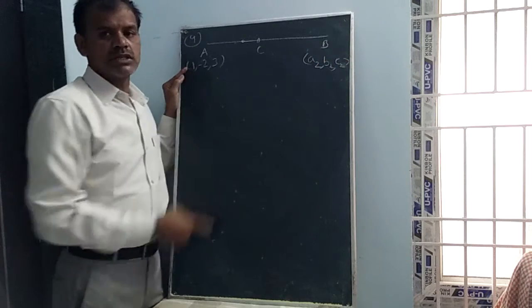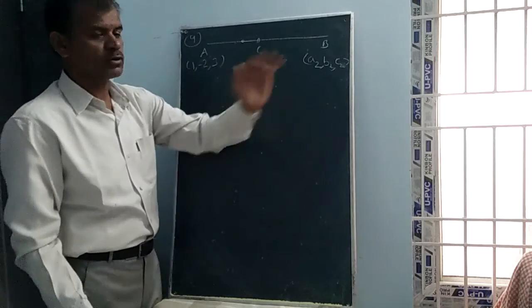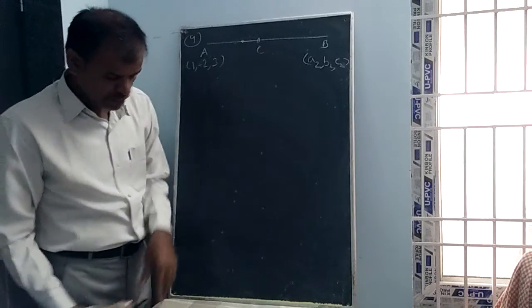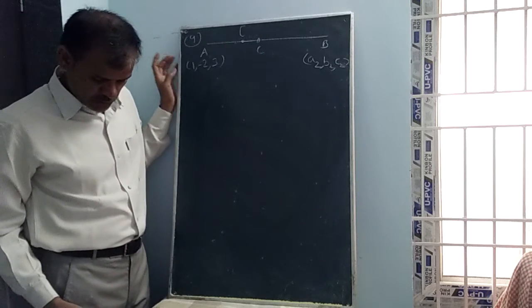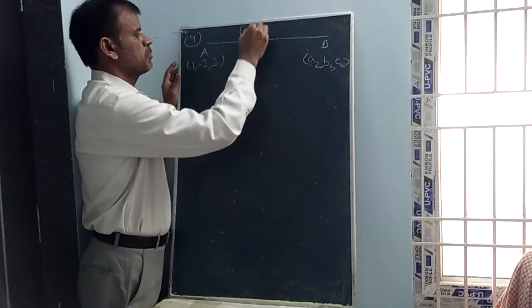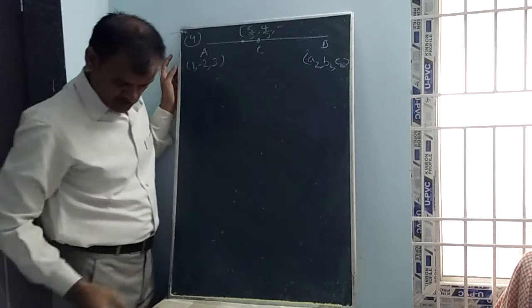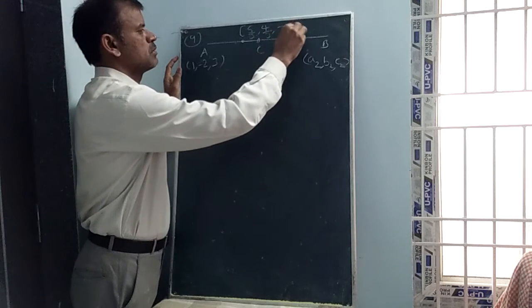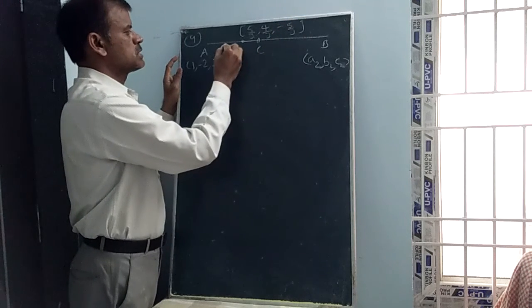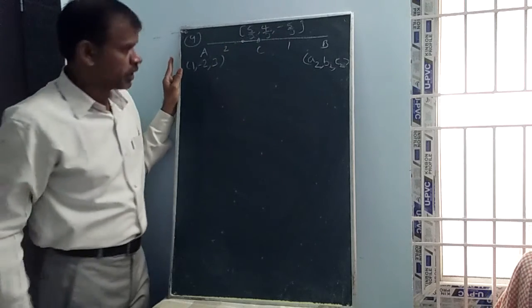This is a1 i plus b1 j plus c1 k, and this is a2 i plus b2 j plus c2 k. In the middle, C is given as 5 by 3, 4 by 3, minus 5 by 3. C divides the line AB in the ratio 2:1.